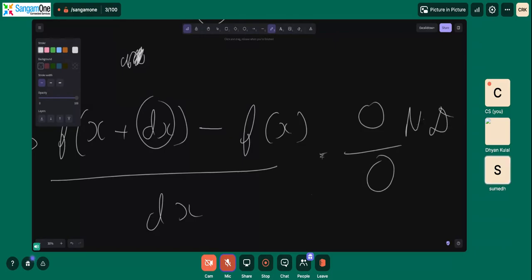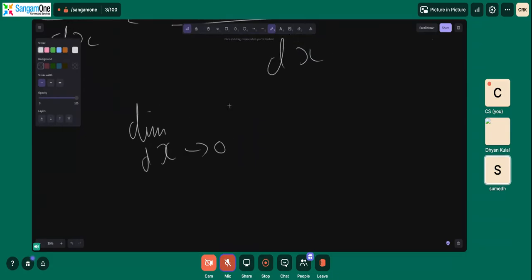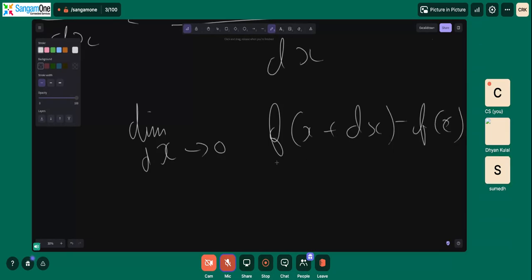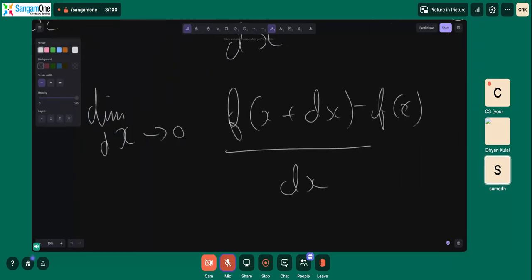That's why we are using limits here, in order to prevent such a situation. Limit of f of x plus dx minus f of x, whole by dx. Now I'm applying the limit. Would you like to try applying the limit, or should I proceed further? Should I try it out myself?